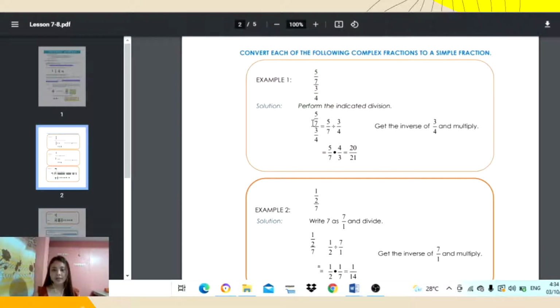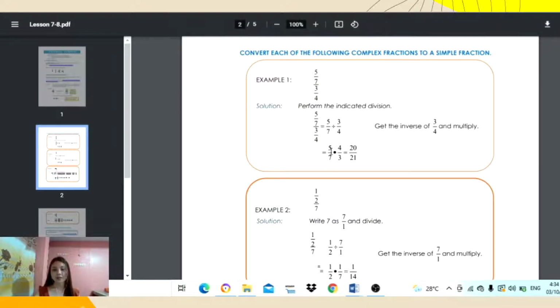Meaning 5/7, the numerator, is our dividend, and then 3/4, which is the denominator, is the divisor. So in order for us to perform the division, we'll have to get the inverse or reciprocal of 3/4 and multiply it by the numerator.